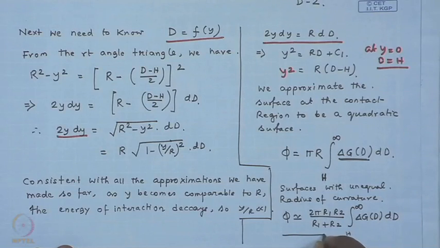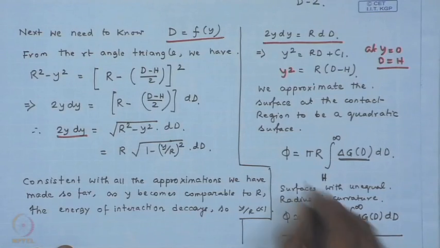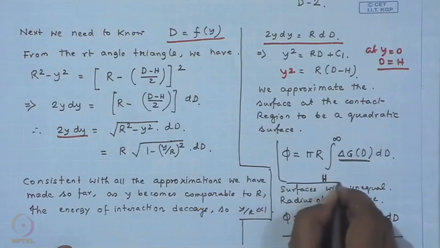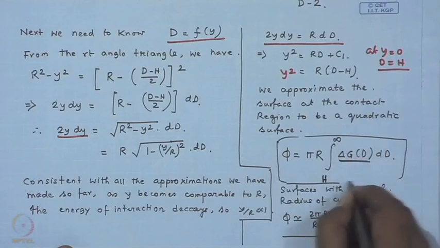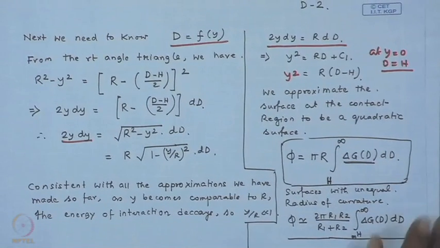So, this is the Derjaguin's approximation, but this is more important conceptually, to understand that it is possible to find an analytical expression for this particular setting, that is the interaction between a spherical surface and a flat surface.